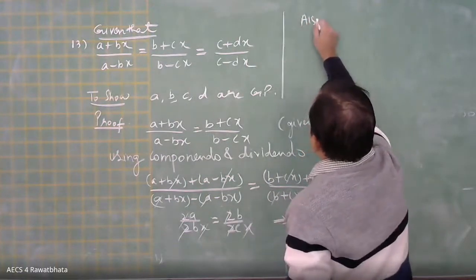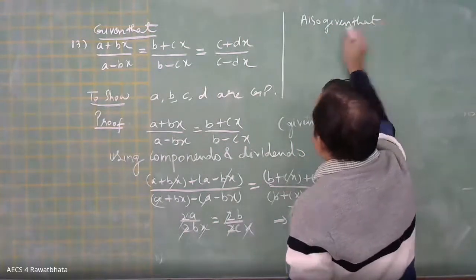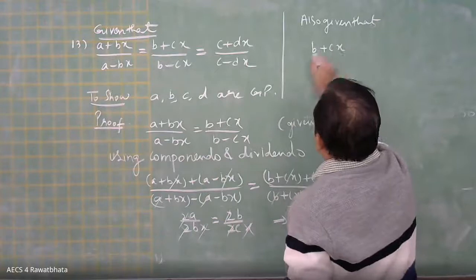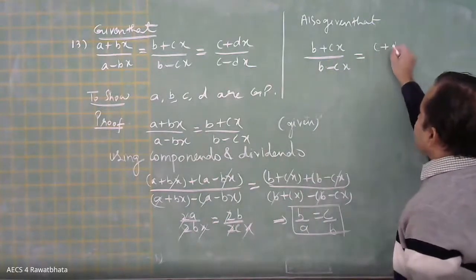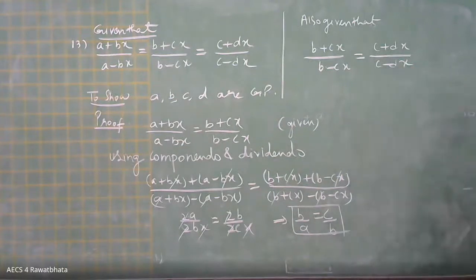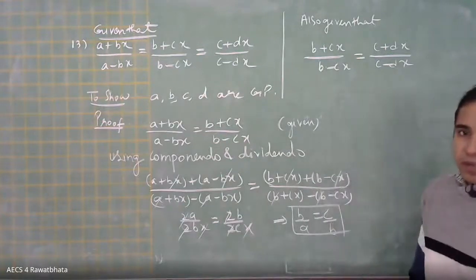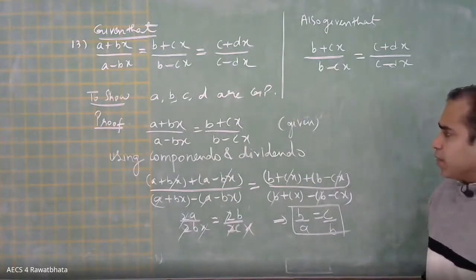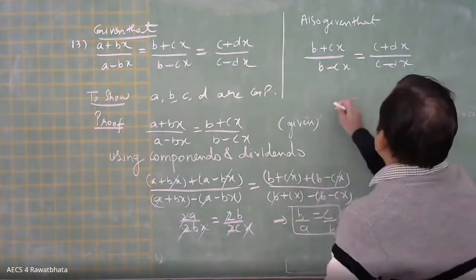Also given that b plus cx whole upon b minus cx is equal to c plus dx whole upon c minus dx. You could have cross multiplied also. From there also it will come. There is no problem. But because we are applying a new method, we use the same.